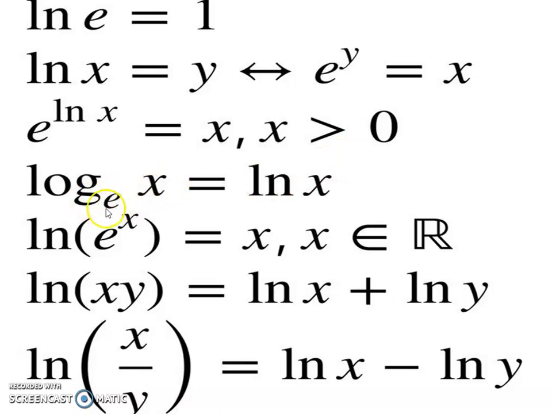Log x to the base e is equal to ln x, as I just introduced. Ln e raised to x equals x. This means log to the base e of e raised to x cancels and we have only x, where x belongs to capital R. Here capital R denotes the real number set.